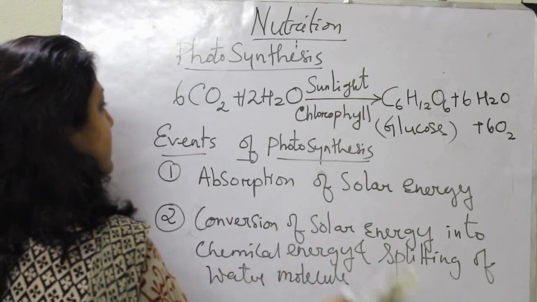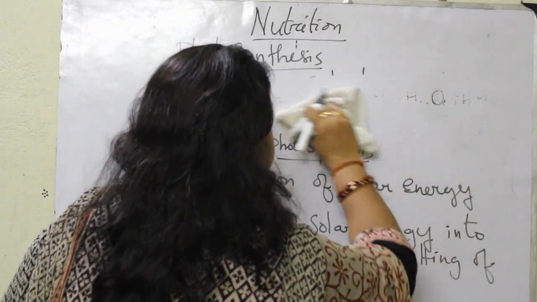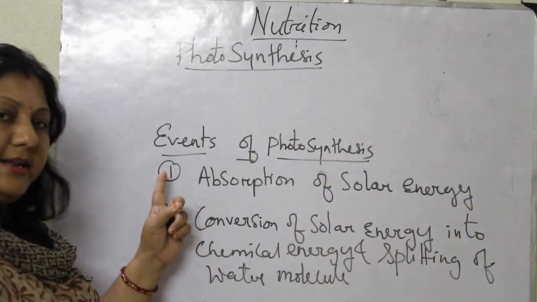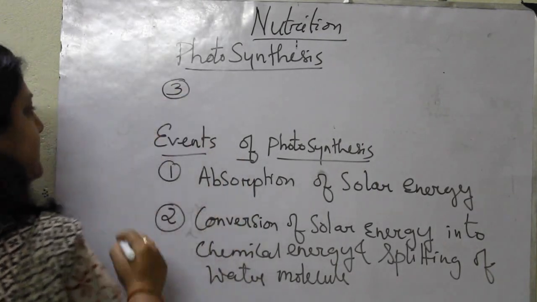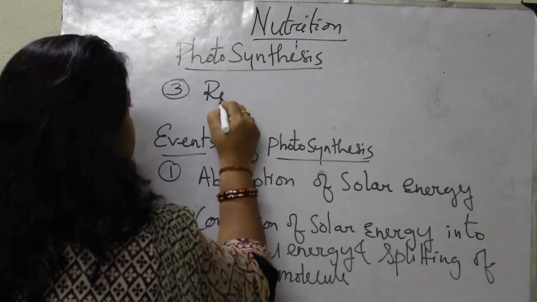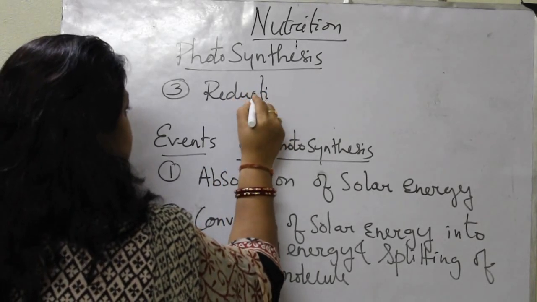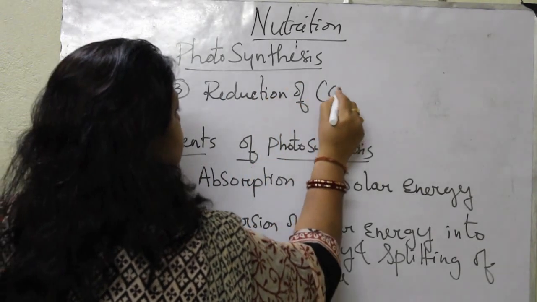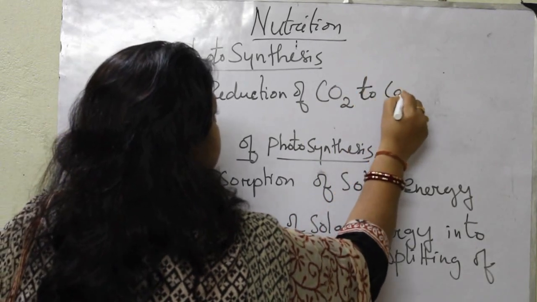Now, what is the third stage? I am going to erase the equation, and I will write the stage 3 in photosynthesis. So 1 and 2 I have written here. The stage 3 I will be writing here: reduction of carbon dioxide to carbohydrates.